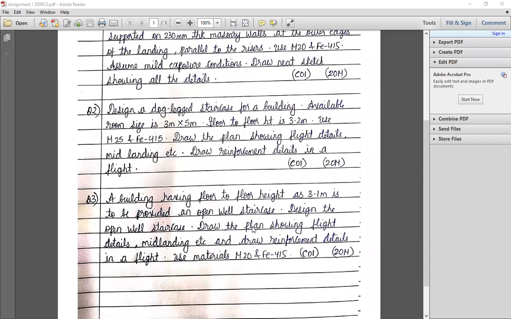So what about flight 1, 2 and 3? So flight 1 or flight 3 will be the same, correct? फ्लाइट 1 में कितने नंबर ऑफ स्टेप्स है एंड फ्लाइट 2 में कितने हैं?